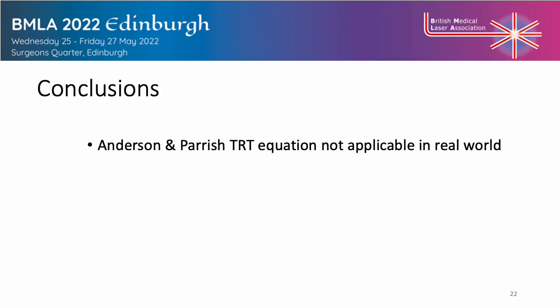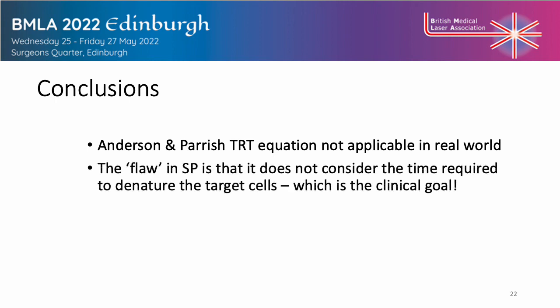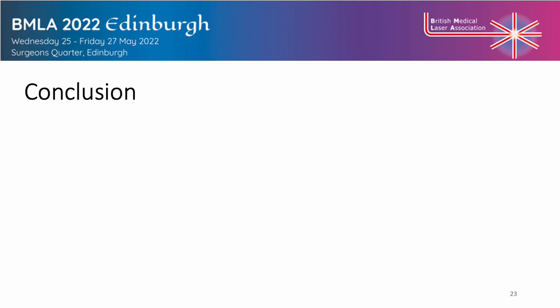So the Anderson and Parrish relaxation time equation doesn't really apply in the real world, because the flaw is that that particular time and the thermal damage time do not consider the time that we need to fully denature the target cells, which ultimately is the whole point of the treatment. It's the denaturation times of the germ cells that's important, and the denaturation time depends very much on the local temperature, which depends on the fluence.